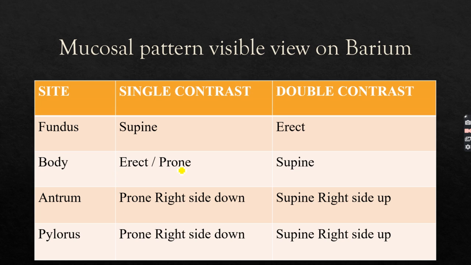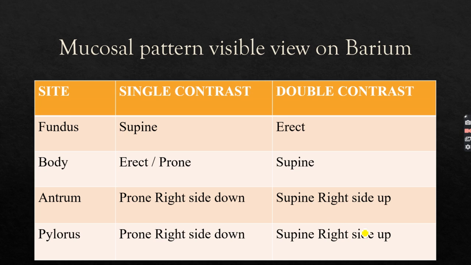Whereas in double contrast, whenever we are using barium along with air or effervescent granules like ENO or other fruit salt, for fundal mucosa the erect position is required in double contrast, whereas in single contrast, supine position was required. For double contrast, for the body, supine position is required, different from the single contrast requirement.